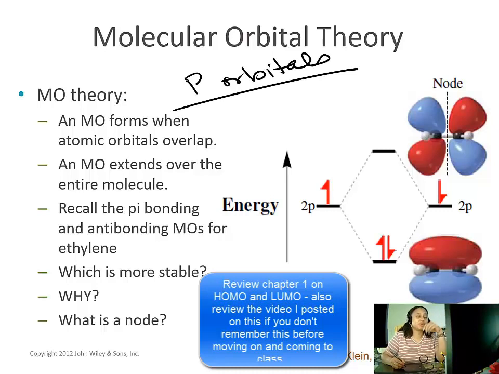There are other molecular orbitals that exist, but we are going to focus only on the p orbitals. That will simplify what we're talking about. If you're in inorganic chemistry or physical chemistry, you'll probably talk about all of them.